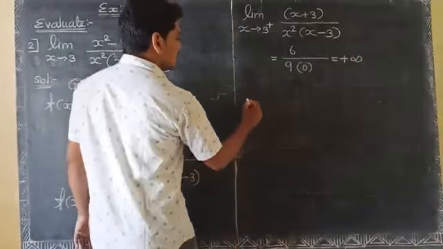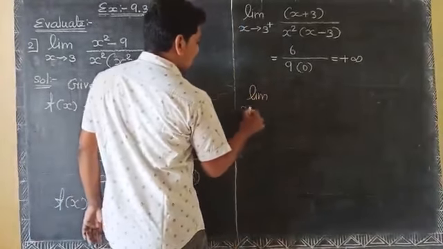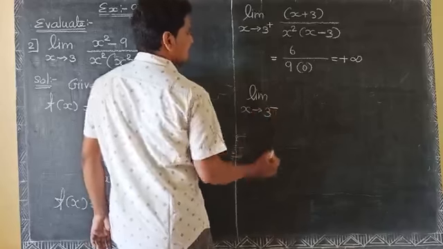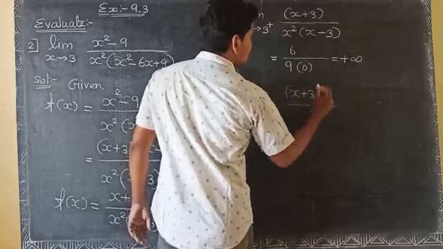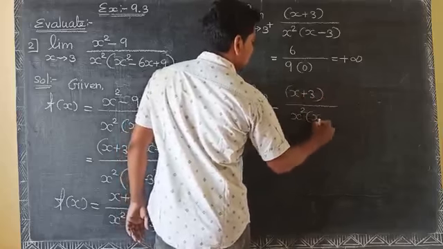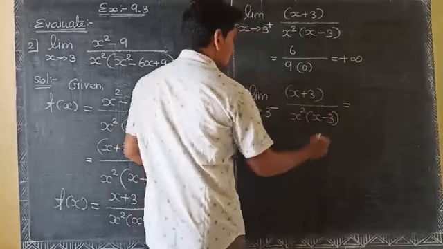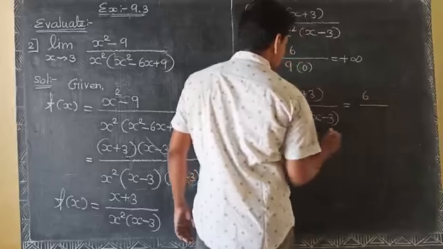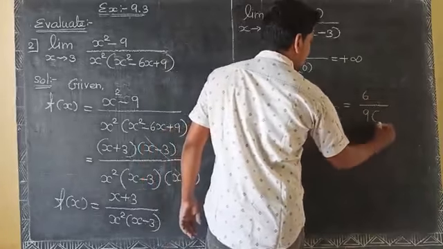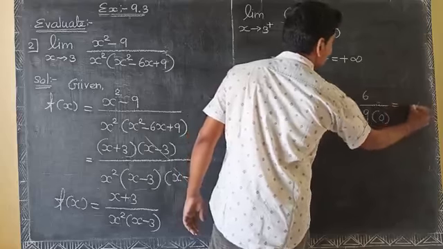Suppose limit x approaches 3 minus of the function x plus 3 divided by x squared into x minus 3. Replace x equal to 3 into the function, 3 plus 3 is 6 divided by 3 squared is 9 into 3 minus 3 is 0, that is infinity.